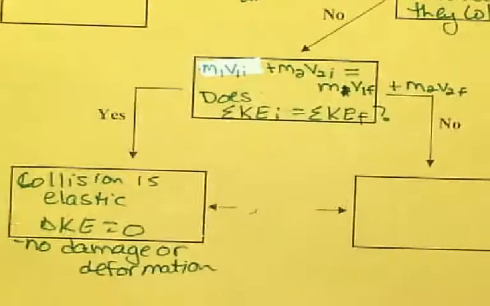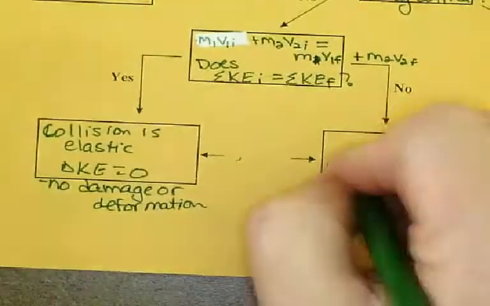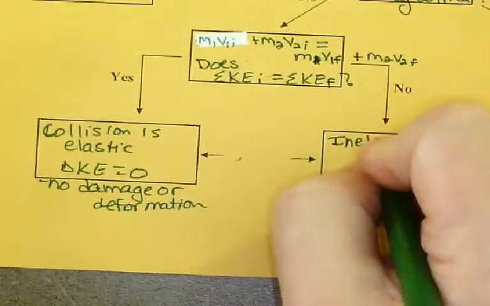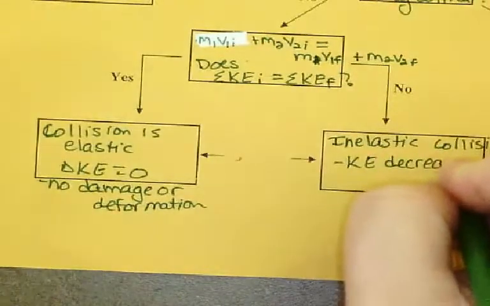If the kinetic energy is not the same before and after, then you have the inelastic collision. Kinetic energy is decreased in an inelastic collision.